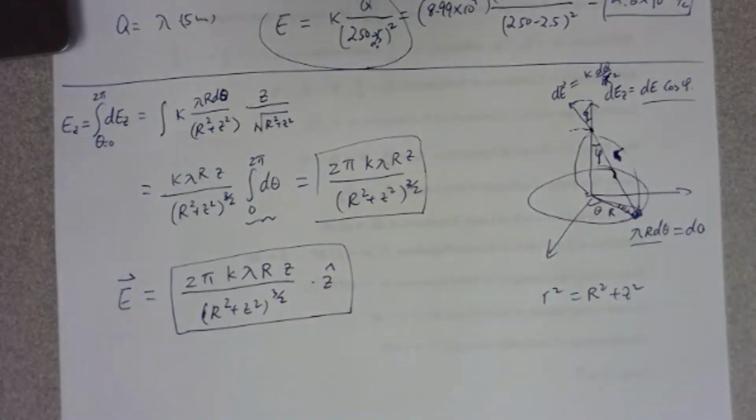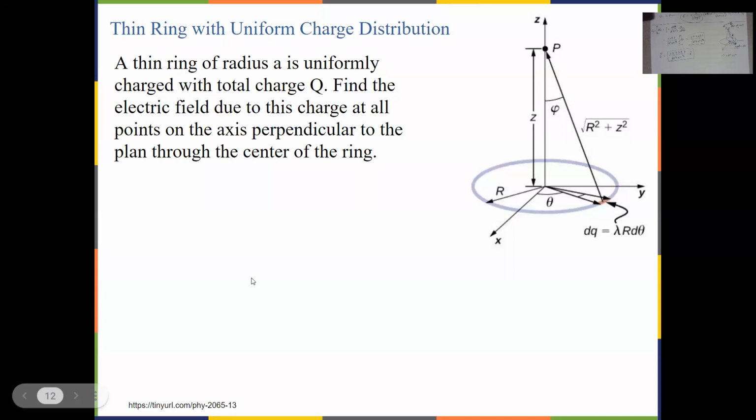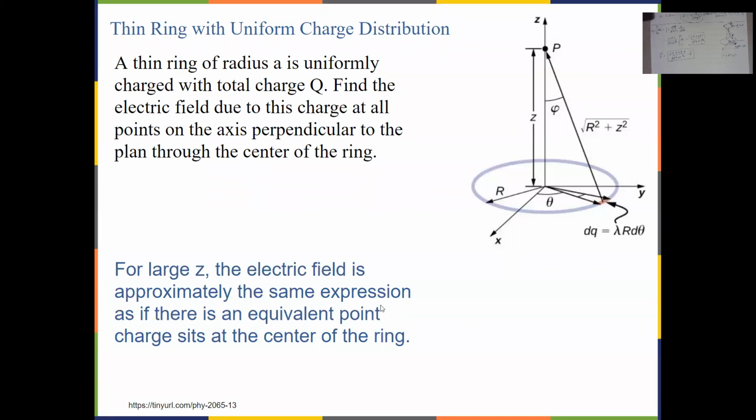All right, so going back to the slide. Before we go to the next slide, we can take a look at if this z is very large. If z is very large, then r becomes smaller compared to z.